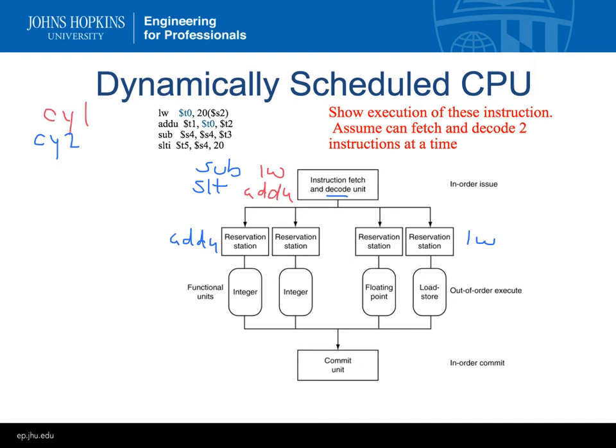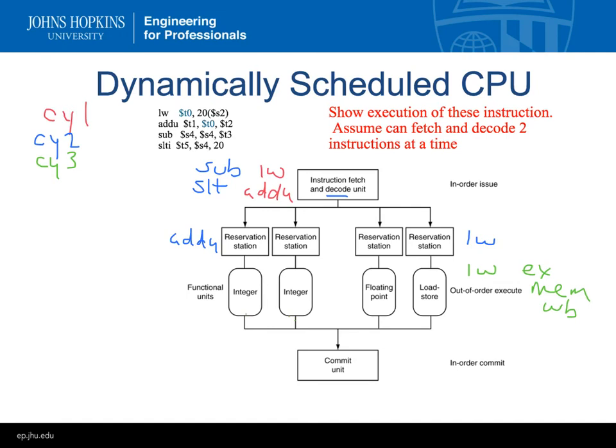In cycle 3, we're going to send the load word into its unit. So what's going to be in here is going to be the regular execute, mem, and write back. And I'm actually going to assume here, I haven't found good examples of MIPS that use this, but I did see others where there can be different units and different number of cycles to get through these functional units.